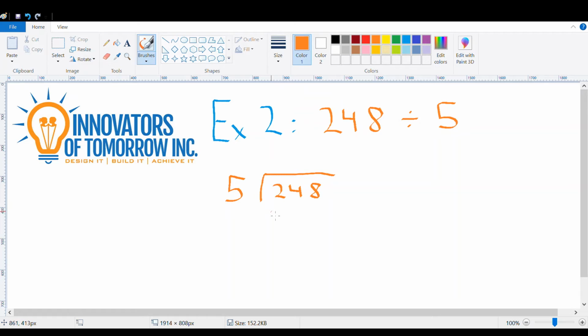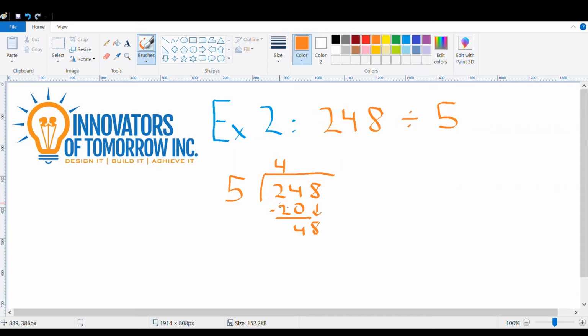If we try to go 5 times, that won't work. 5 times 5 is 25, and 25 is greater than 24. So we have instead 4 up top, and we subtract 24 by 20. The result is 4, and we drop the remaining part of the dividend.